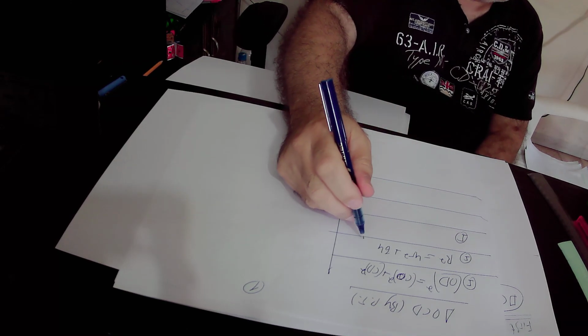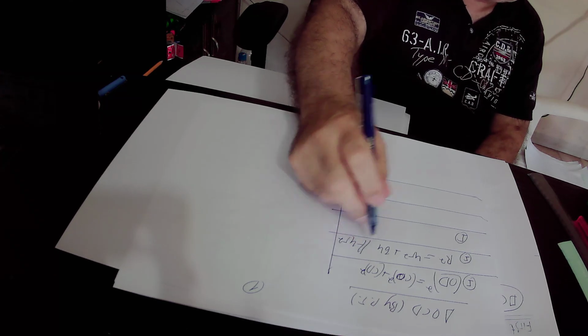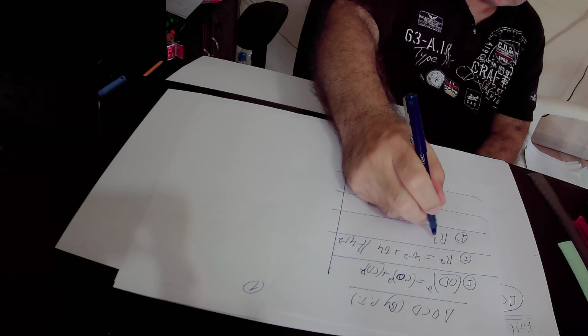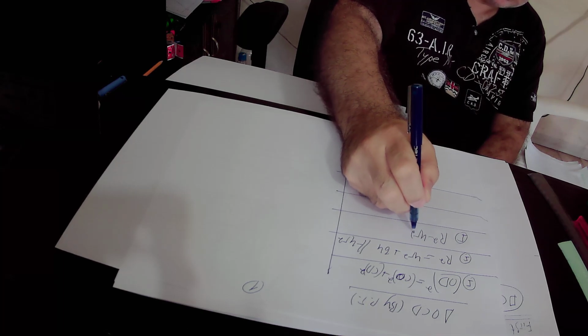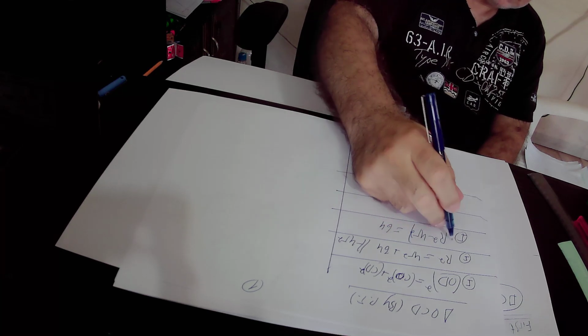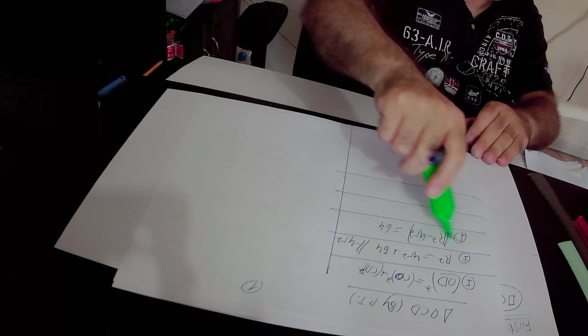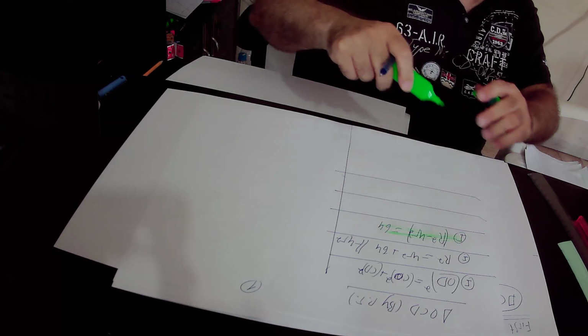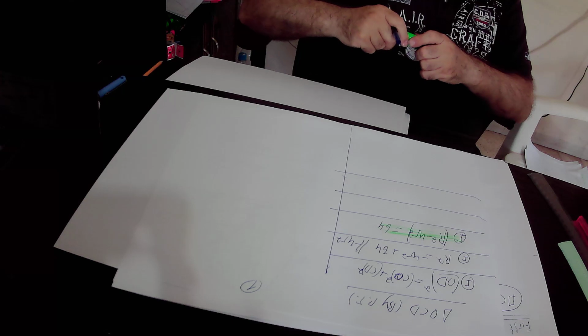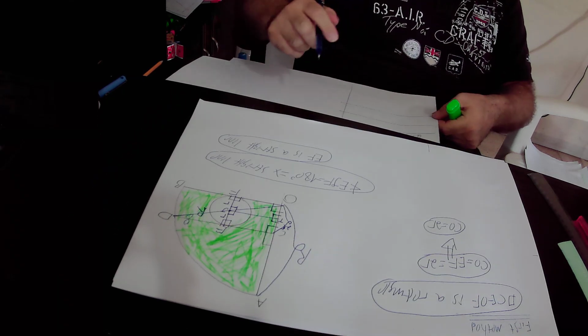We subtract 4R square from this equation number 1, and we get that capital R square minus 4R square equals 64. But what is actually the area of the green shape?